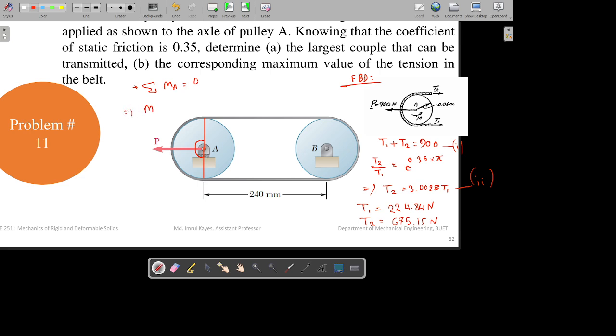That means M minus 675.15 into 0.06 plus 224.84 into 0.06 equal to 0. From this equation you can get the value of M, which will be 27 Newton meter. Very simple.